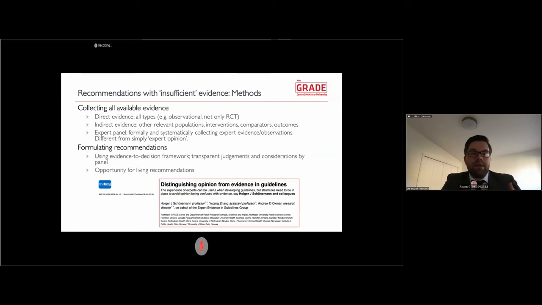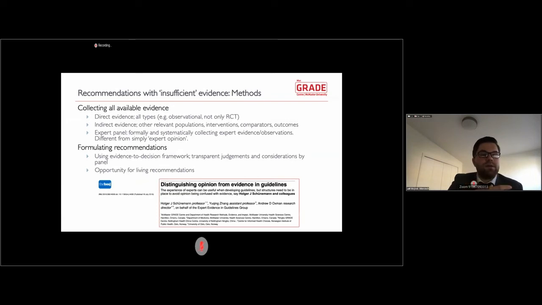And we have the expert panel from whom we could formally and systematically collect expert evidence or observation, which is different from simply expert opinion, in that we could survey panels on their observations and experiences in clinical practice. And we've commented on that in this BMJ publication about distinguishing opinion from evidence, and describe an approach where we could collect evidence from panel members when published evidence isn't available.